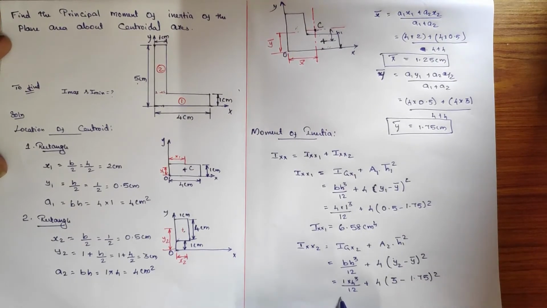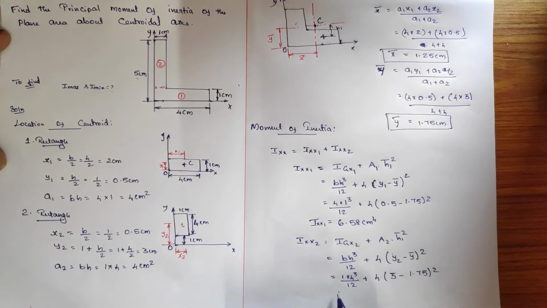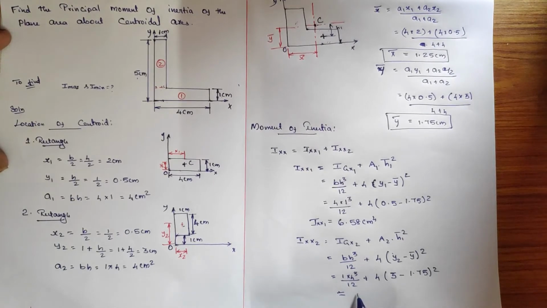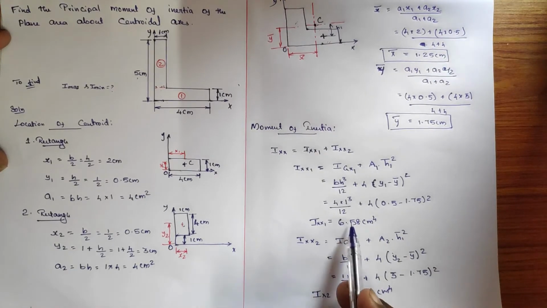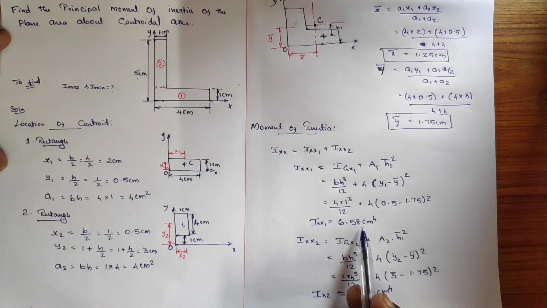Okay, if you do the calculations, I hope you will get the value as 11.58 centimeter power 4. This is for Ixx2. Now add both the things, 6.58 plus 11.58.